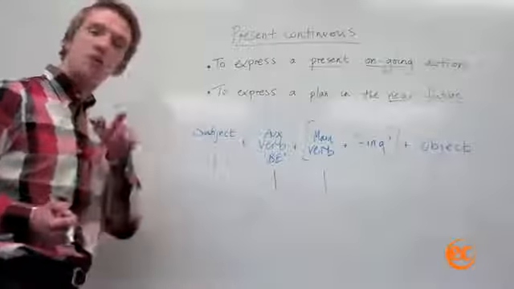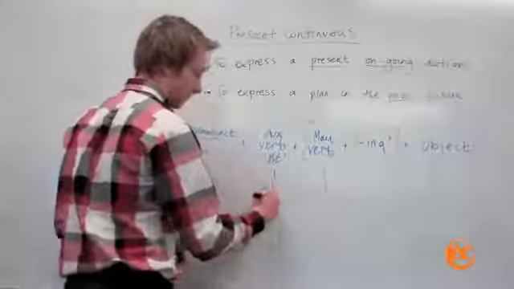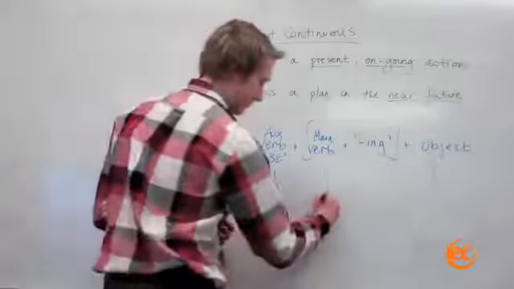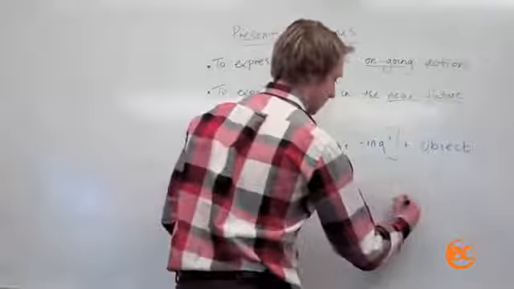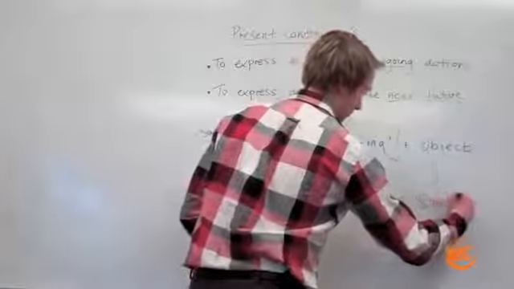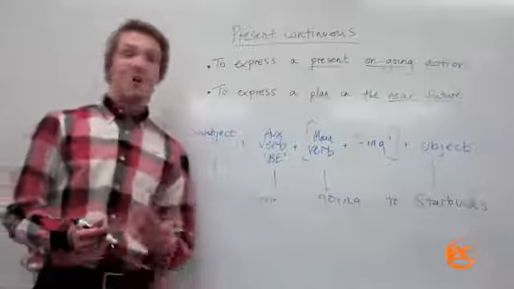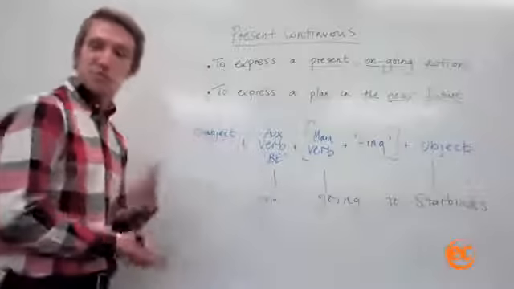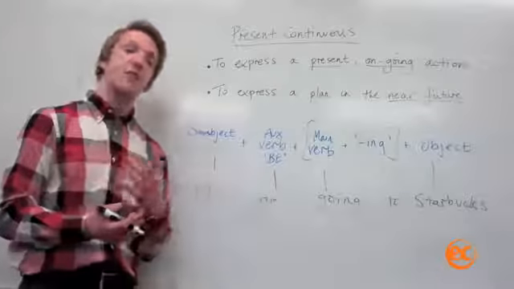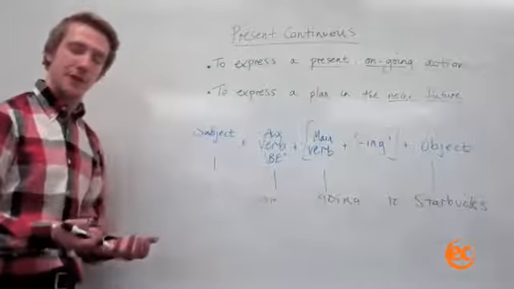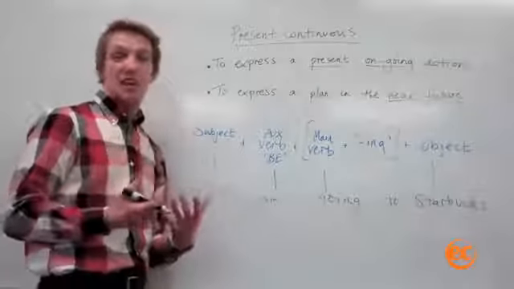I can tell you right there that I am going to Starbucks. Yeah, I'll get a coffee and a sandwich, something like that. This is an immediate plan that I have for the near future. Yeah, it's quite spontaneous, but maybe my plans will change.